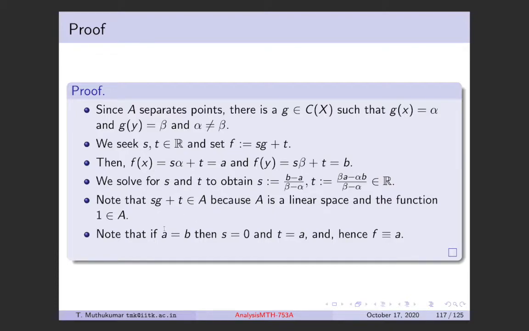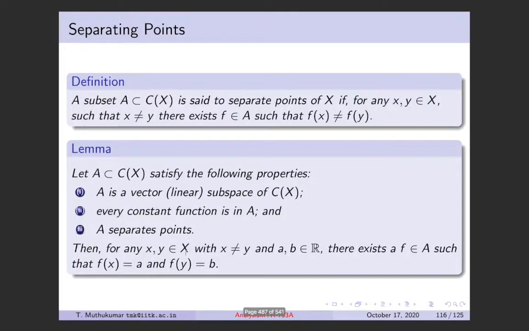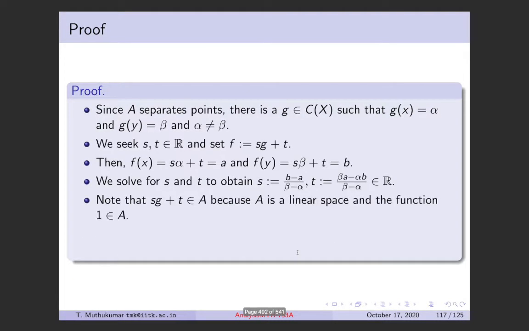When a is equal to b, what we are saying here is that in this theorem, it is not necessary that a and b be distinct. A and b can be chosen to be the same point. a equal to b can also be done. So we have found an f which takes x to a and y to b.